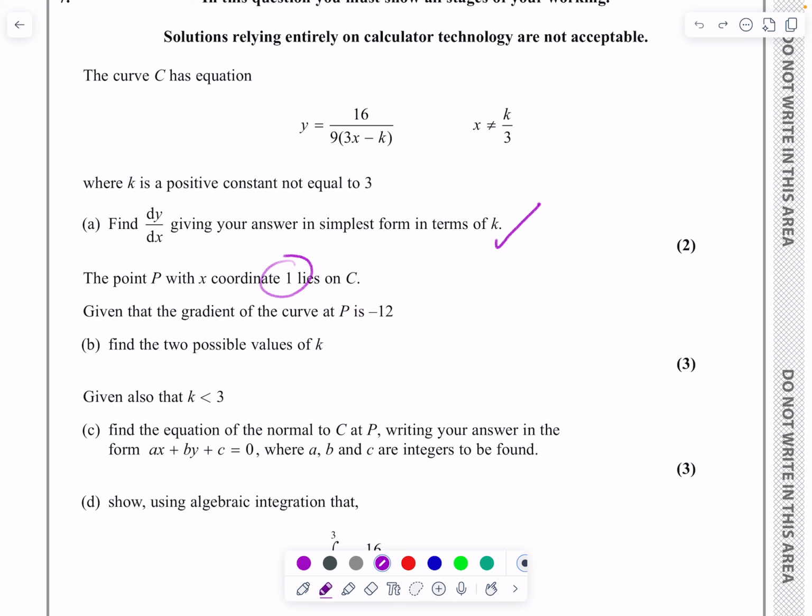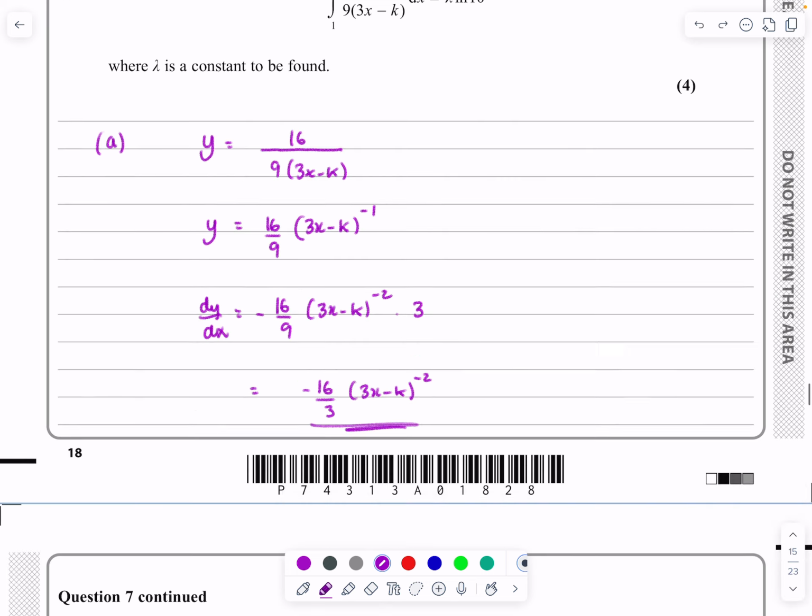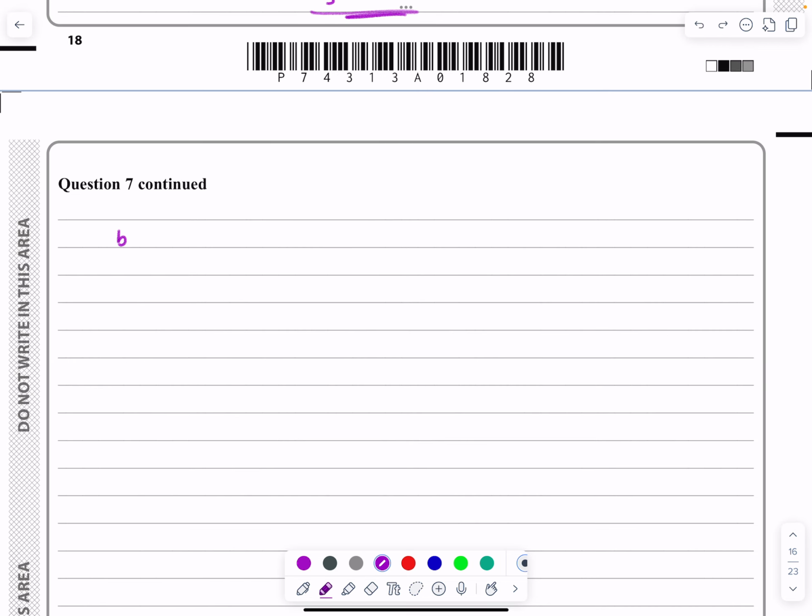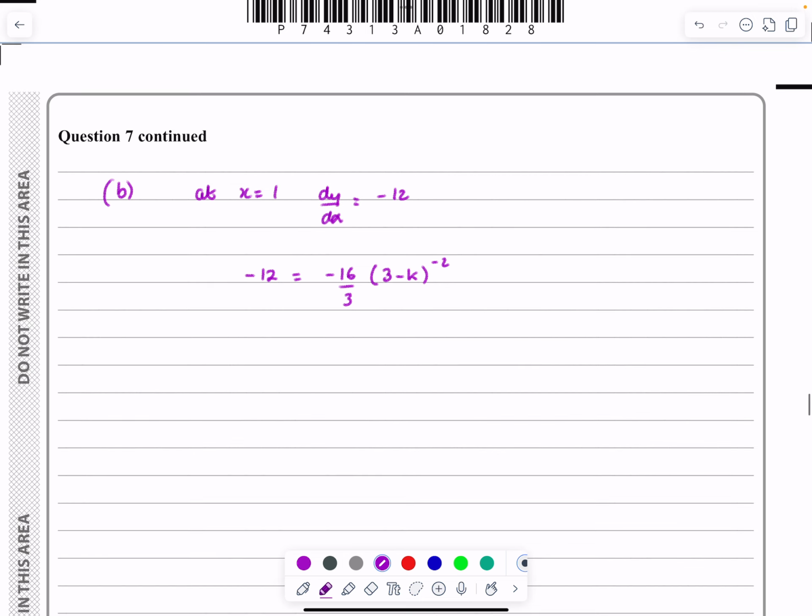Well, I can sub that straight in, so it's not too complicated for part B to just follow through what we've just said and say, well, at x equals 1, dy by dx is equal to minus 12, so I can put that into what I just found. Dy by dx, minus 12, is equal to minus 16 over 3, 3 minus k to the minus 2 now, so I just need to try and solve this equation.